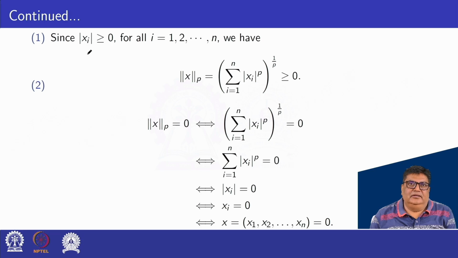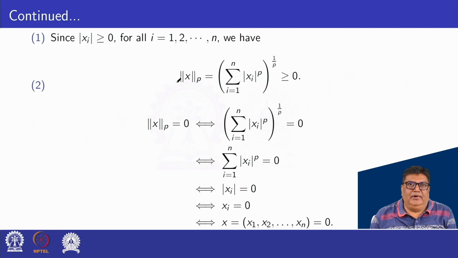Since |xi| is greater than or equal to 0 for all i = 1, 2, and so on, n, that is |x1| greater than or equal to 0, |x2| greater than or equal to 0, and so on, |xn| greater than or equal to 0.